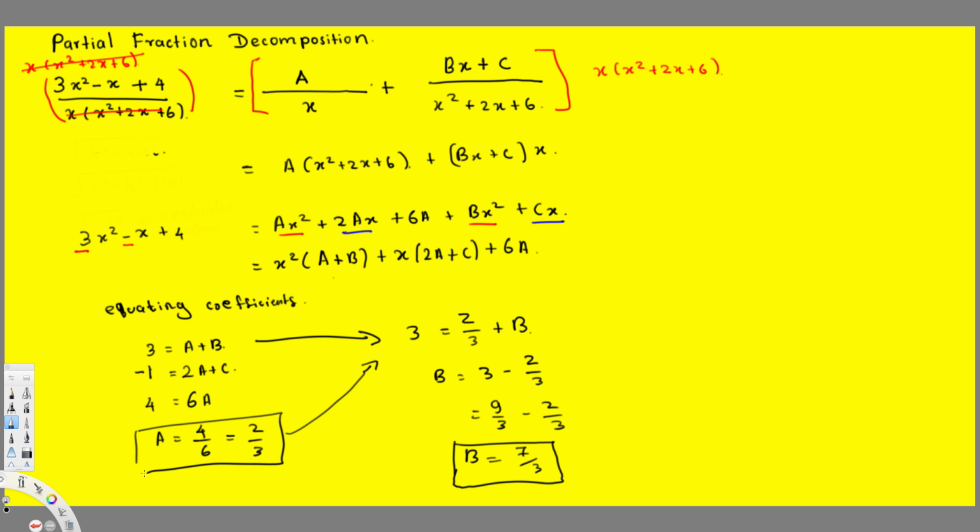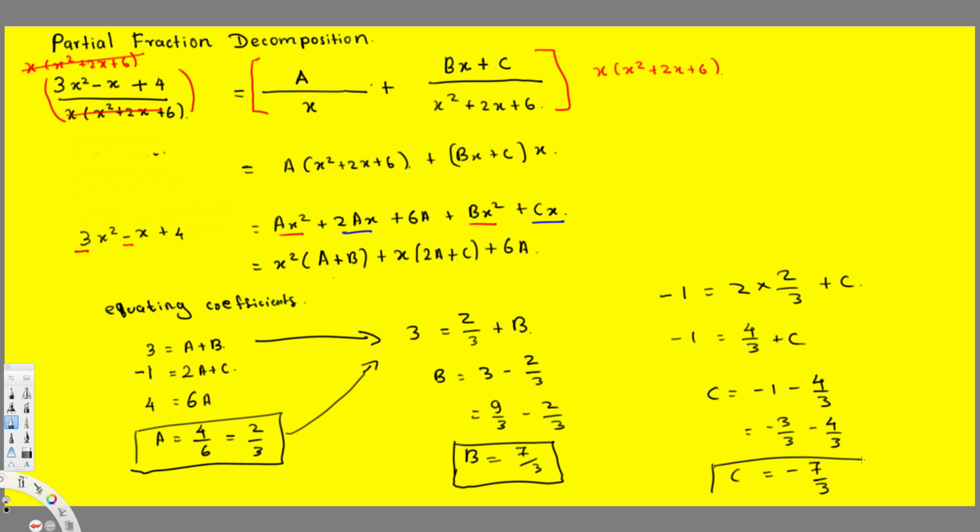Minus 1 is equal to 2 times a, that is 2 times 2 by 3, plus c. If I multiply this, it is 4 by 3 plus c, therefore c is equal to minus 1 minus 4 by 3, which is minus 3 over 3 minus 4 over 3, that gives us minus 7 over 3.